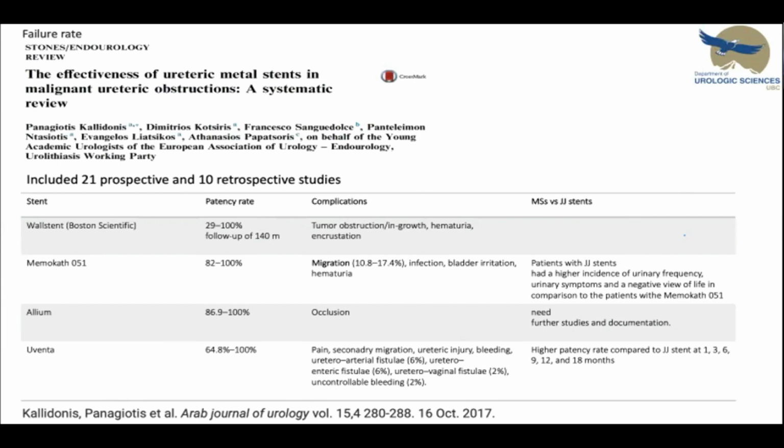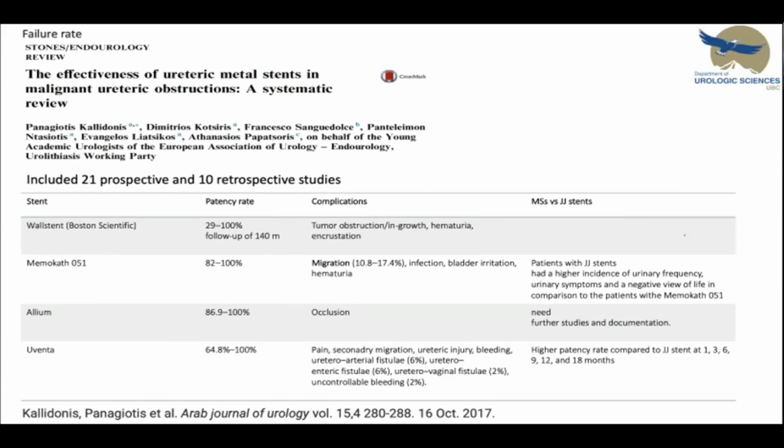We see here in this table the Resonance stent from Boston Scientific, which is originally a vascular stent. It has a low patency rate, ranging from 29 to 100%. One of the major complications is tumor ingrowth, hematuria, and incrustation.